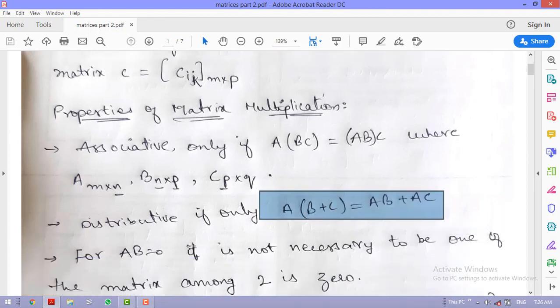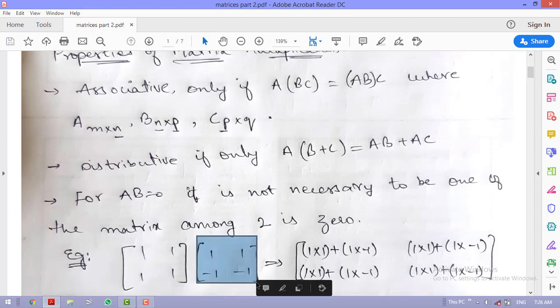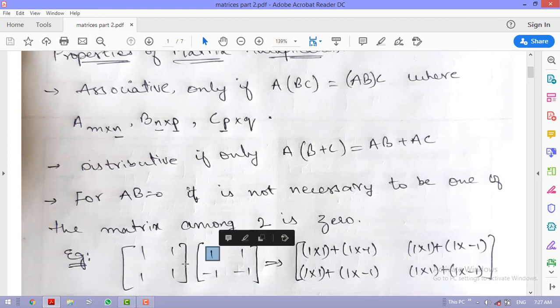Okay, so for AB equal to 0, it is not necessary that one of the two matrices is 0, right? For example, you can see over here, I wrote the matrix [1 1; 1 1] and the matrix [1 1; -1 -1]. If you perform the multiplication, it is this one into this one plus this one into this minus 1, right?